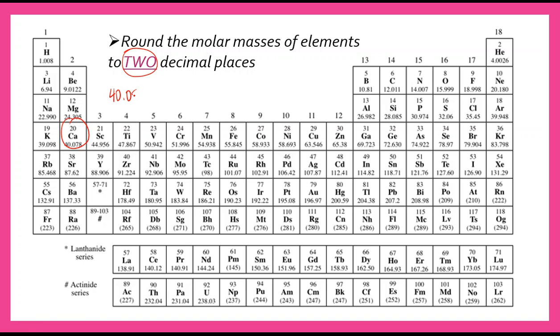Well, we're going to all just round to 2 decimal places. So the 8 rounds up the 7. I'm going to do calcium is 40.08. So here's hydrogen, 1.008. That's why we always make it 1.01. Looking here at oxygen, which is 15.999. What would we round that to?